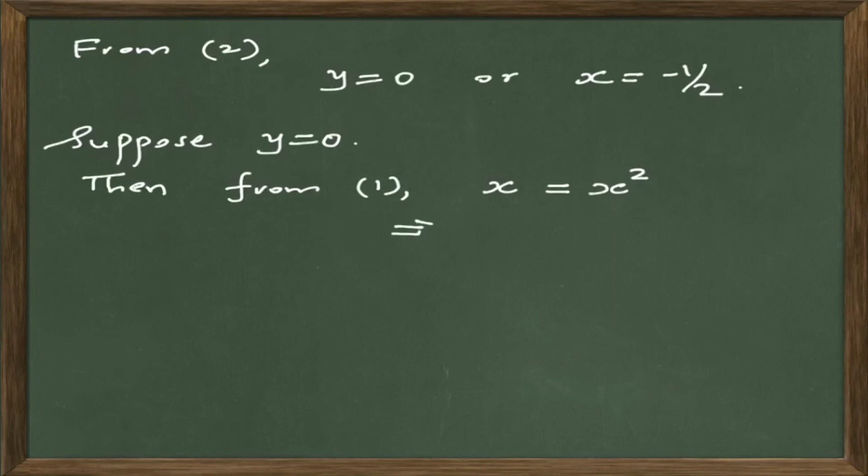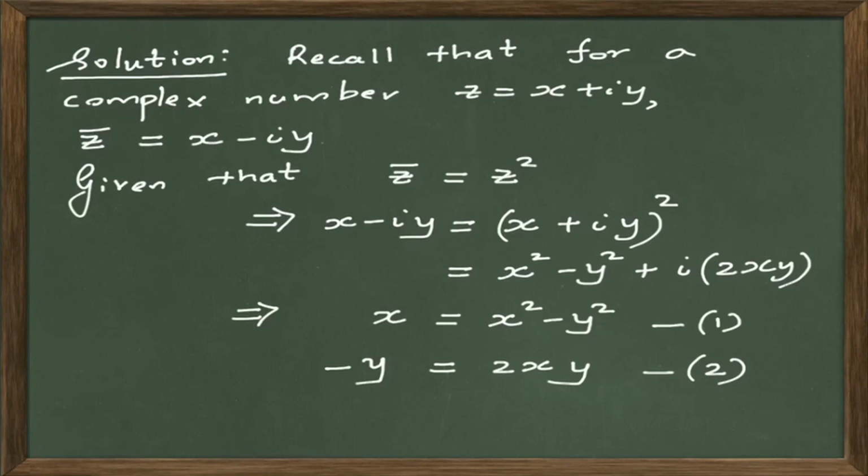This will imply that either x is equal to 0 or x is equal to 1. Therefore, in the case y is equal to 0, we get two solutions of the equation star.